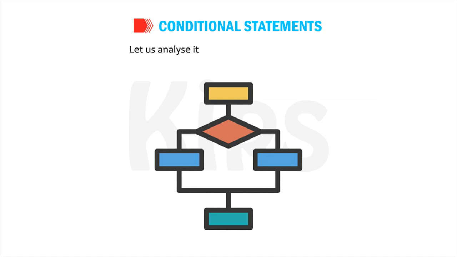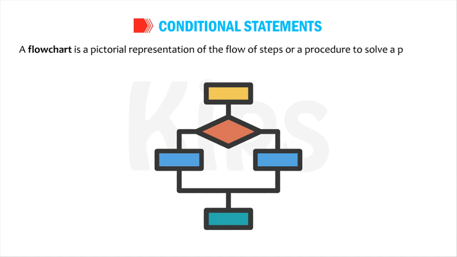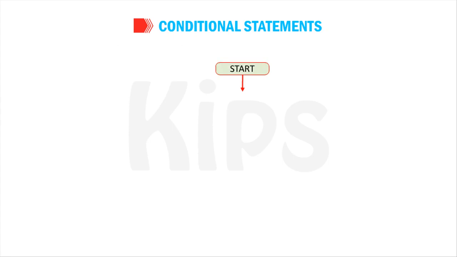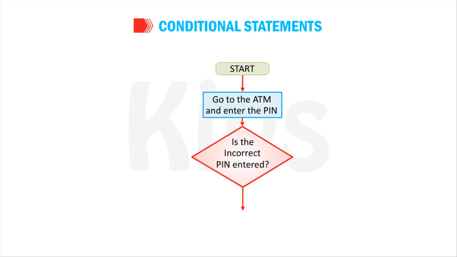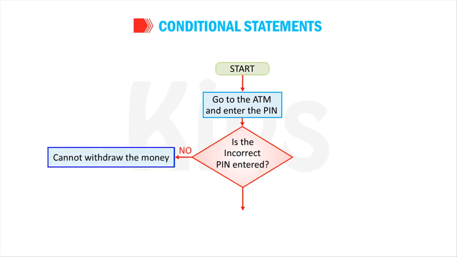Let us analyze it with the help of a flow chart. A flow chart is a pictorial representation of the flow of steps or a procedure to solve a problem. Start. Go to the ATM and enter the PIN. Is an incorrect PIN entered? No. Cannot withdraw the money. Stop.